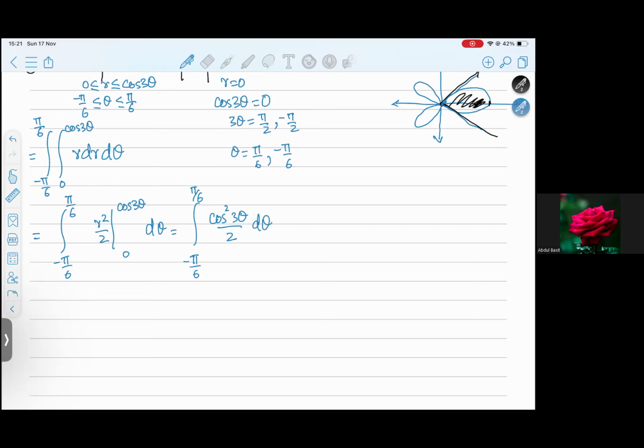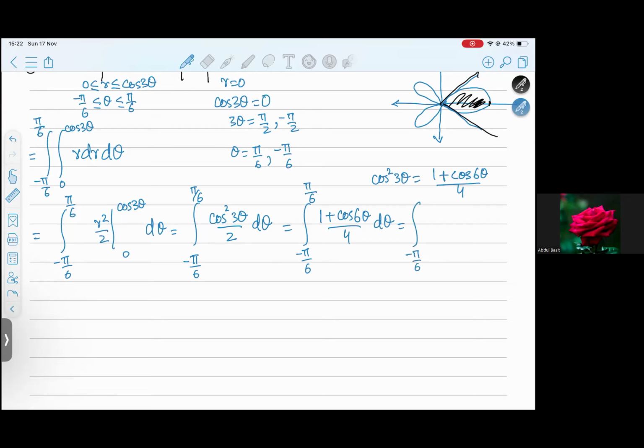And the identity for cos squared 3 theta is 1 plus cos of 6 theta divided by 2. I'll just write this as the integral from negative pi over 6 to pi over 6 of 1 plus cos 6 theta over 4 d theta.